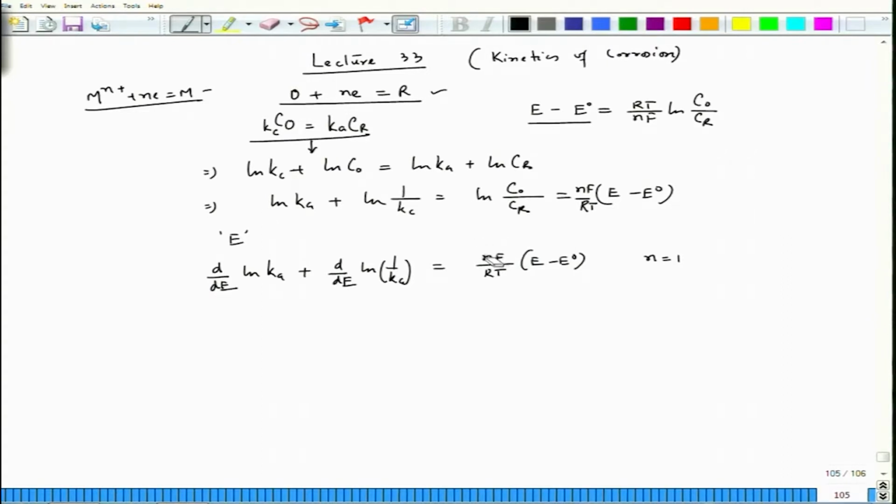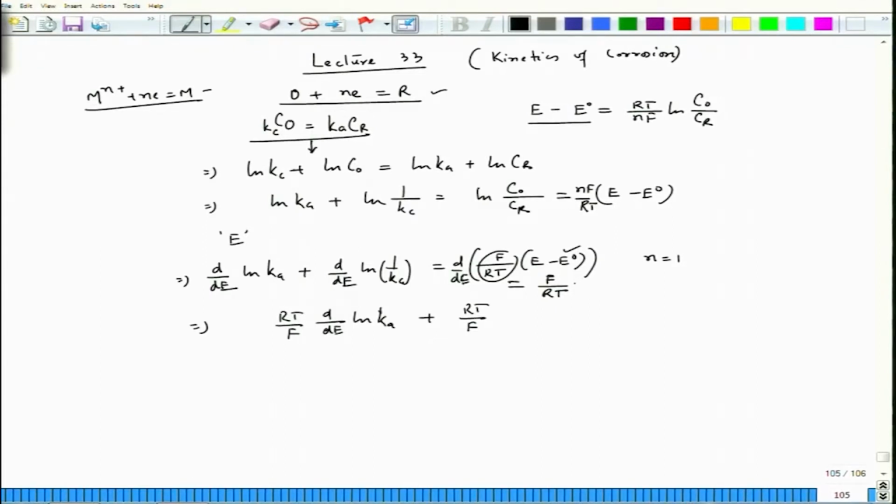So then this n goes to 1, and we can write RT by F d by dE of ln K_A plus RT by F. On this side, when we do d by dE, this is constant, so it goes out, since the reaction is taking place at a constant temperature and 1 Faraday is constant.